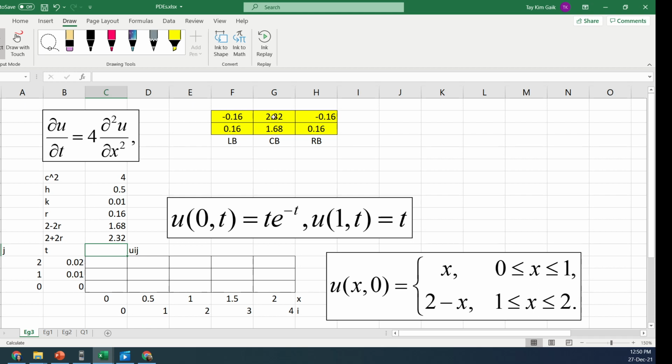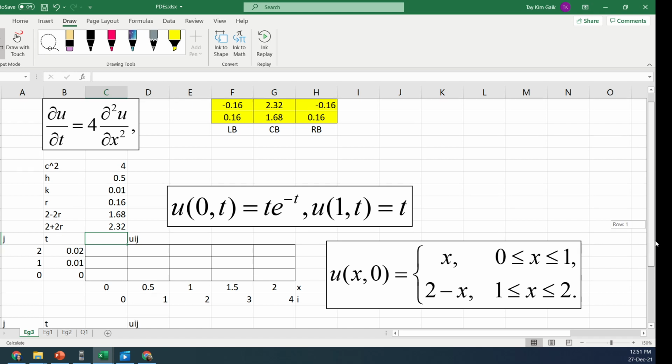The center top is 2 plus 2r, which is 2.32. The right top is negative r. The left bottom cell coefficient is r, the center bottom cell coefficient is 2 minus 2r, and the right bottom cell coefficient is r.